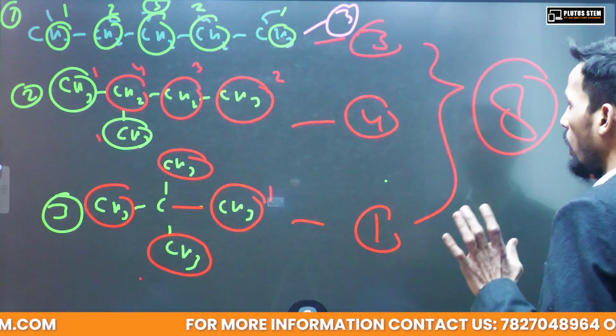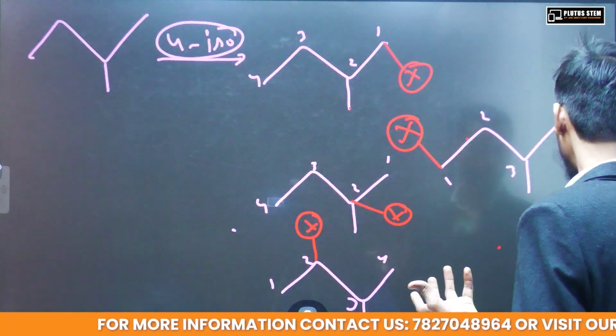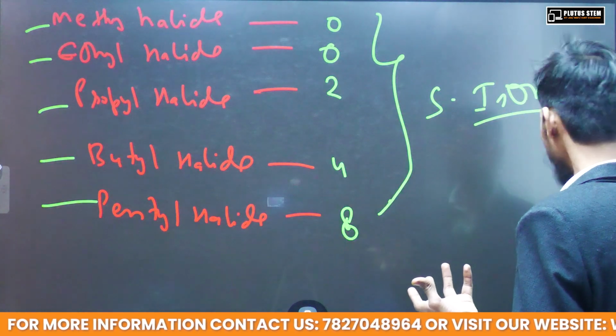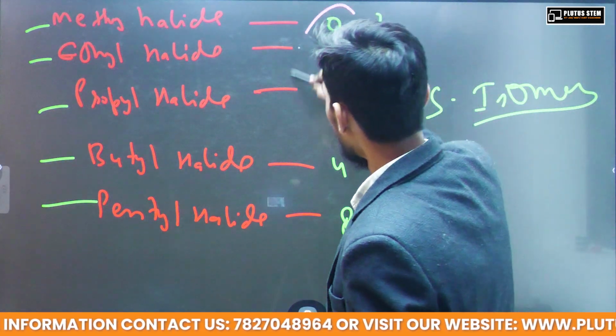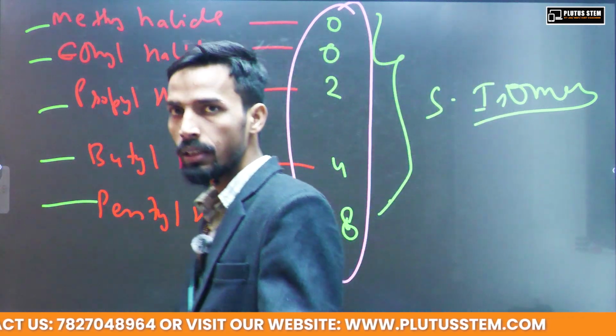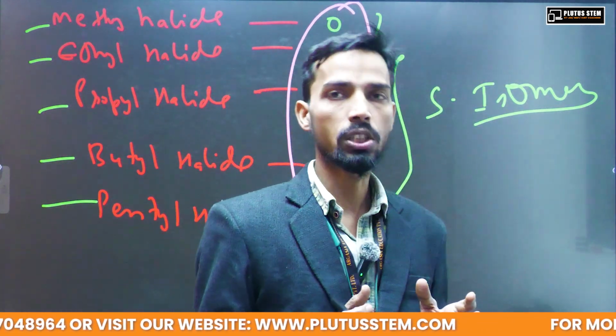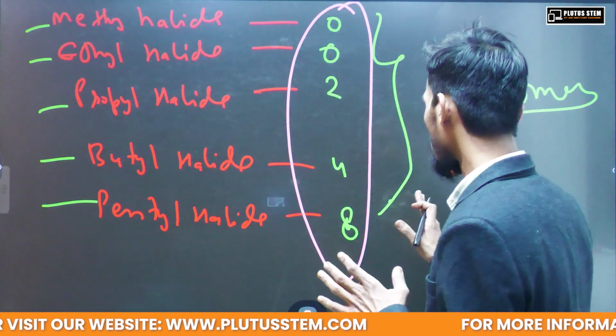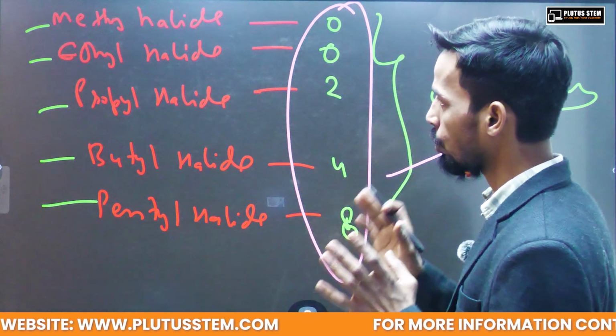I have drawn all the initial members and their isomers, and I have summarized all this. If you are not comfortable with drawing, you can just simply learn this trick, which is going to be 100% accurate.